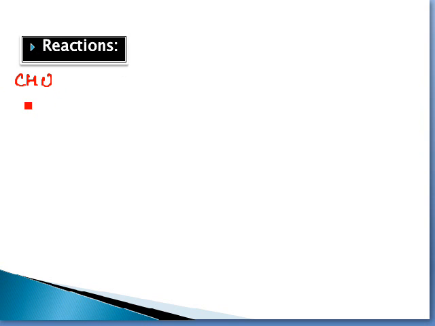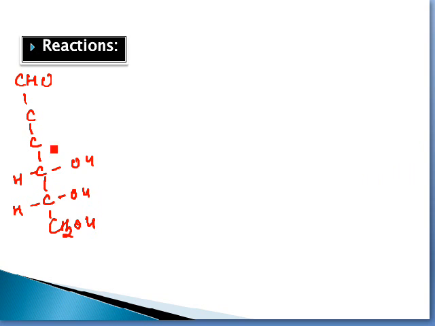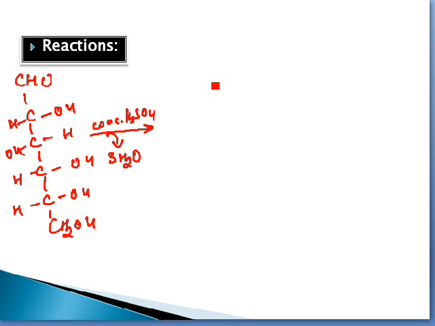Here I am making the D-glucose structure. The 6 carbon atoms, with OH, H, OH, H, OH, H, and here OH and H. This D-glucose reacts with concentrated H2SO4 and releases 3 molecules of water that form furfural.